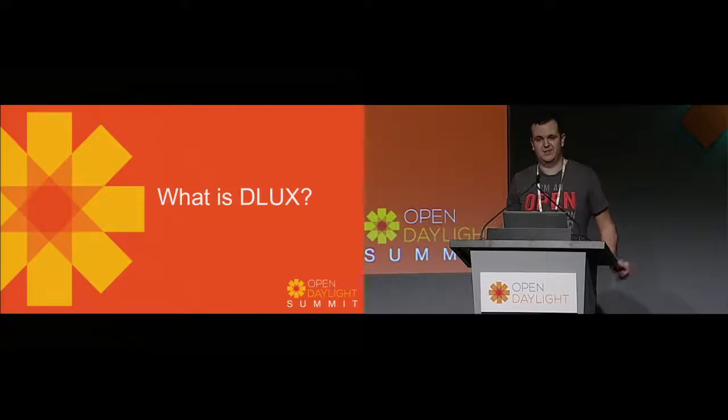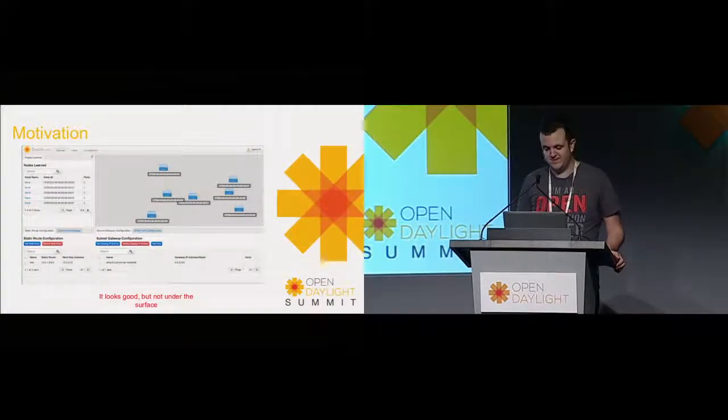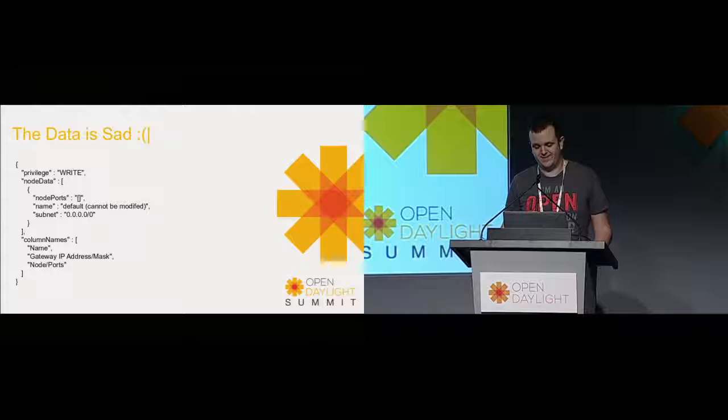DLUX is basically a UI which is decoupled from the main controller. If you wonder why we did that, there is this little thing. It all looks nice when you're looking at it in the browser, but once you actually start looking at what it's using, it's a bit terrible.